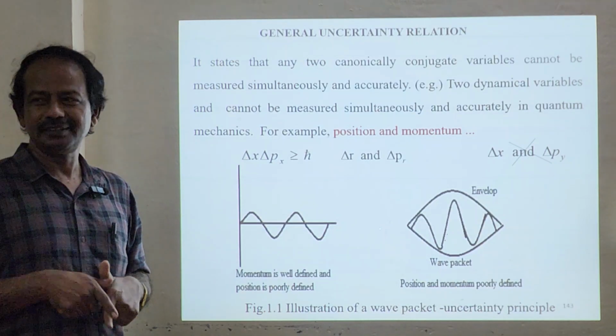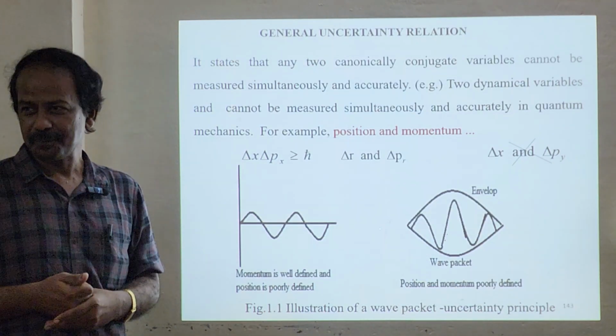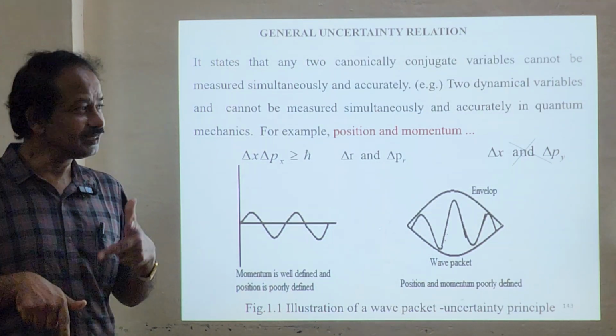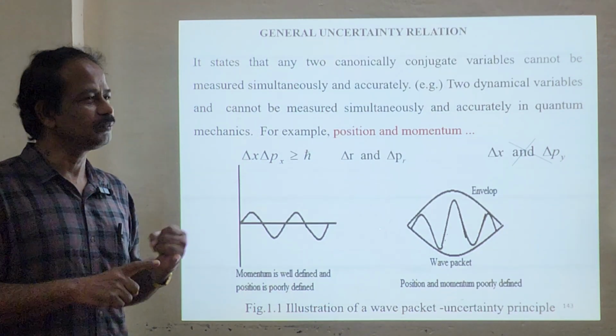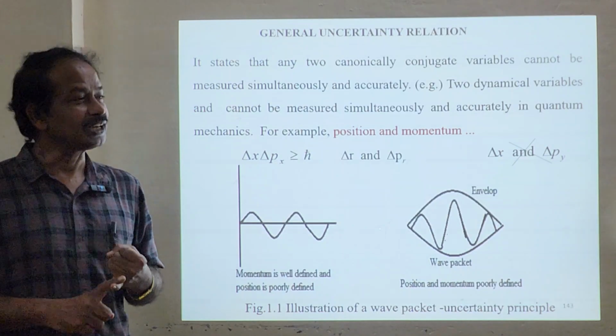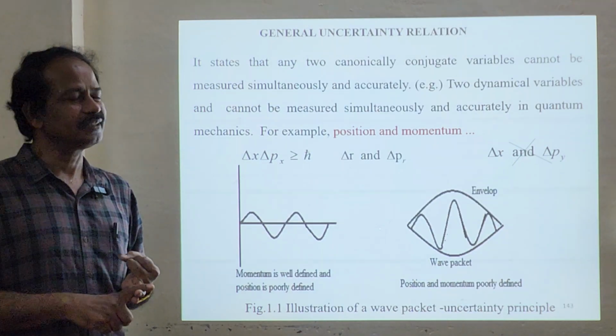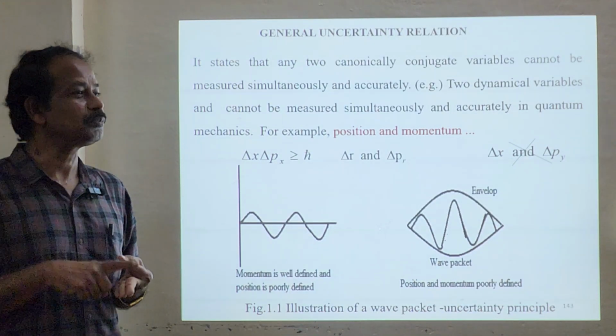The 1932 Nobel Prize he received in the year 1933. So in 1933, three persons got the Nobel Prize: Werner Heisenberg, Schrödinger, and the last person, Paul Dirac.